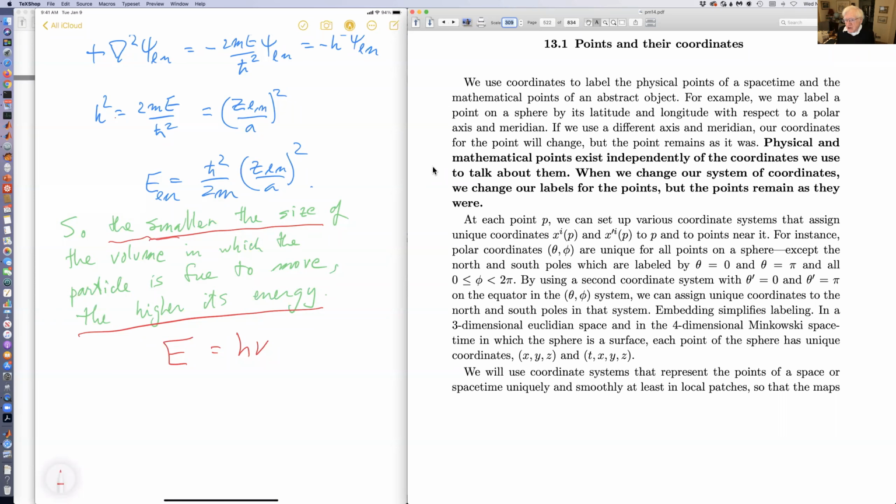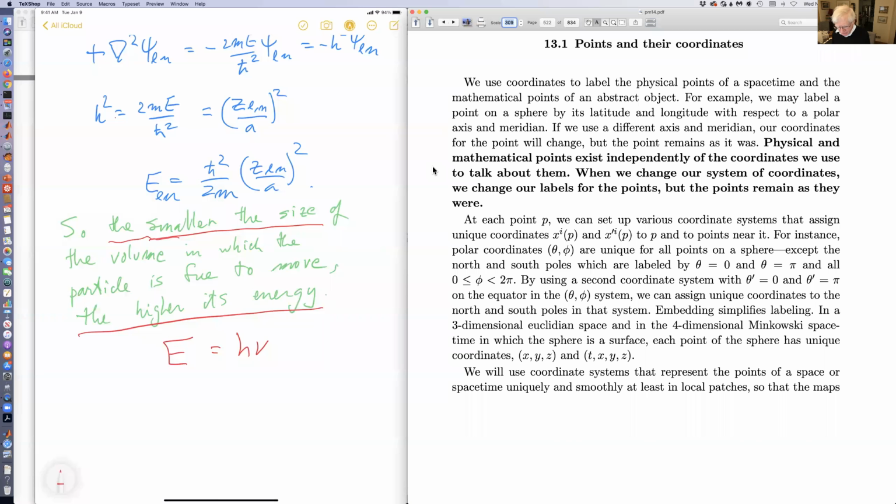When we change our system of coordinates, we change our labels for the points, but the points remain as they were because they're independent of the coordinates. And so taking that idea seriously, what Einstein said over 100 years ago was that the true equations of physics should be such that they apply and look the same basically in any coordinate system.